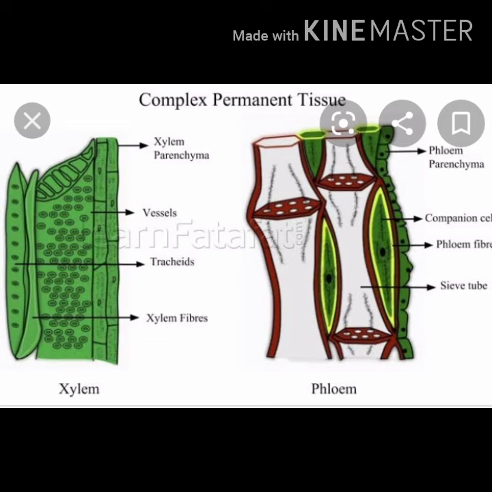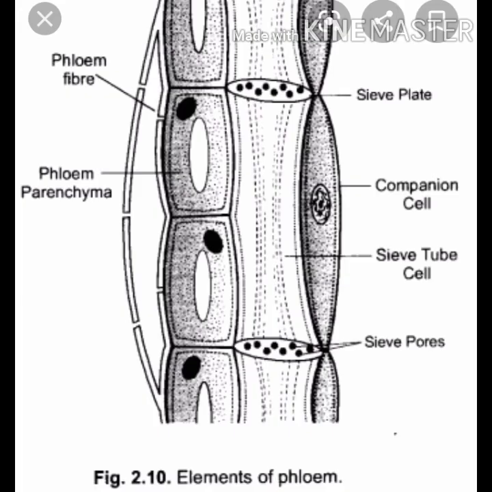Sieve tubes are long, thick-walled tubular structures composed of elongated tube-like cells placed one above the other and forming a channel. At the end of the sieve tube cells, we can see a small plate-like structure. This is called the sieve plate.